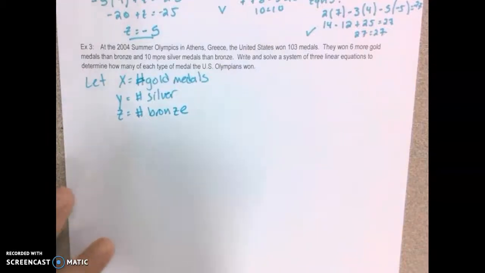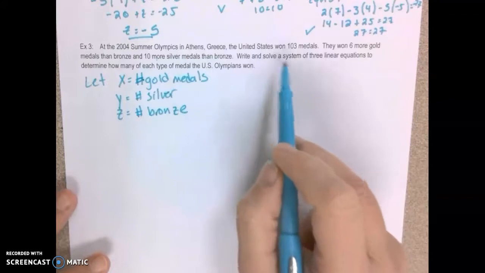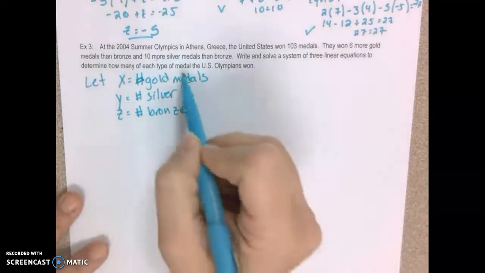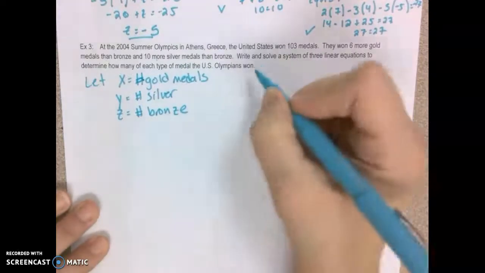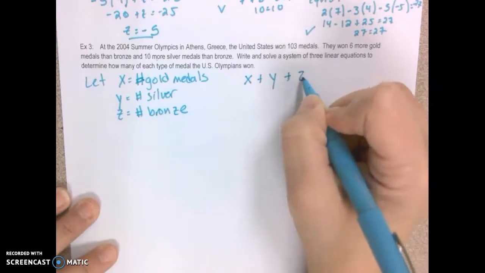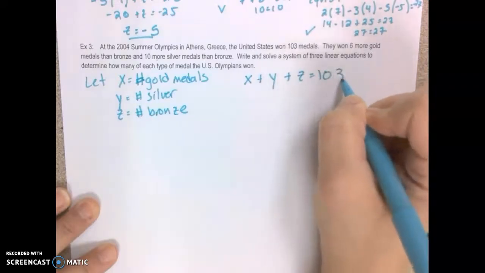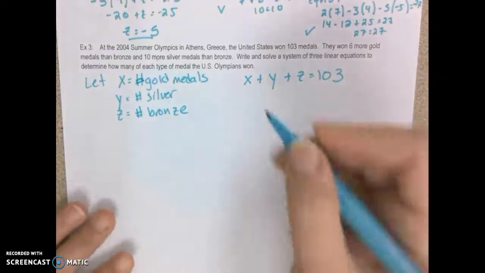Okay, then our first sentence says the United States won 103 medals. That means if we took all of these and added them together, it would equal 103. So that equation would be x plus y plus z equals 103. The next sentence starts out, they won 6 more gold medals than bronze. So the number of gold medals is going to equal the number of bronze medals plus 6.